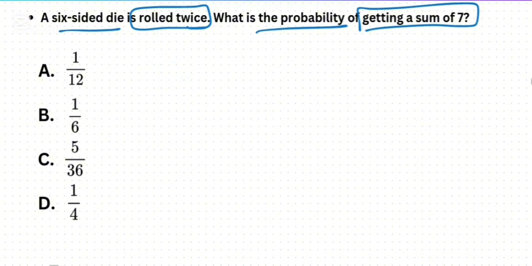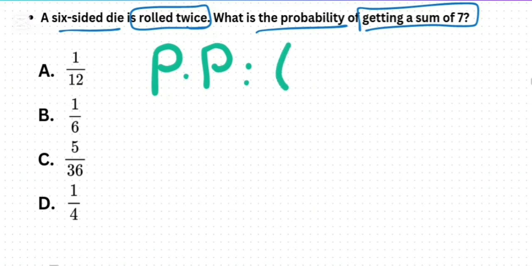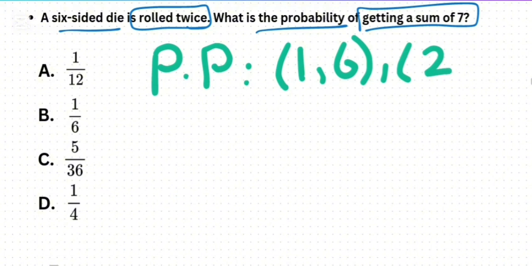Firstly we will write possible pairs. Possible pairs, it could be 1 6. When you roll the dice you will get 1 and 6. It could be 2 5.